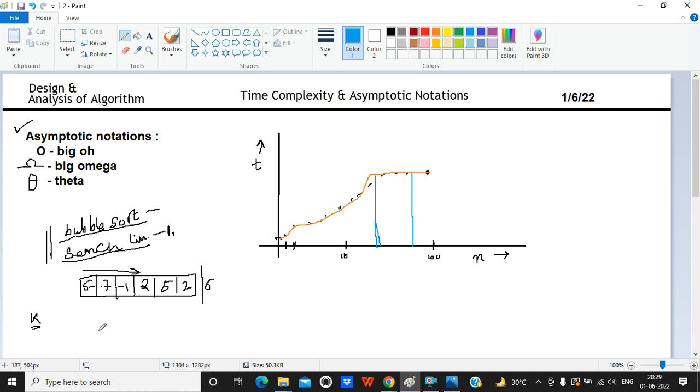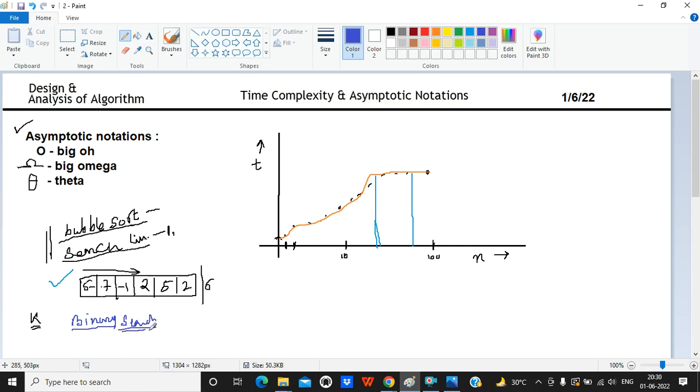Suppose I am taking this for linear search. Now I will consider binary search, and we all know that binary search is more efficient than linear search. Why, that we will discuss.